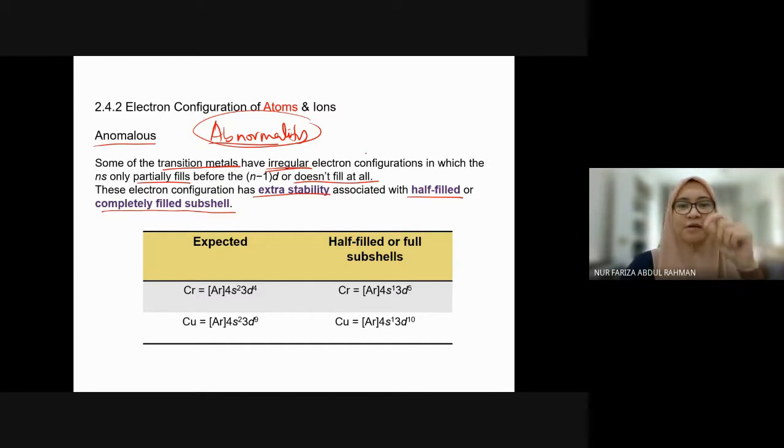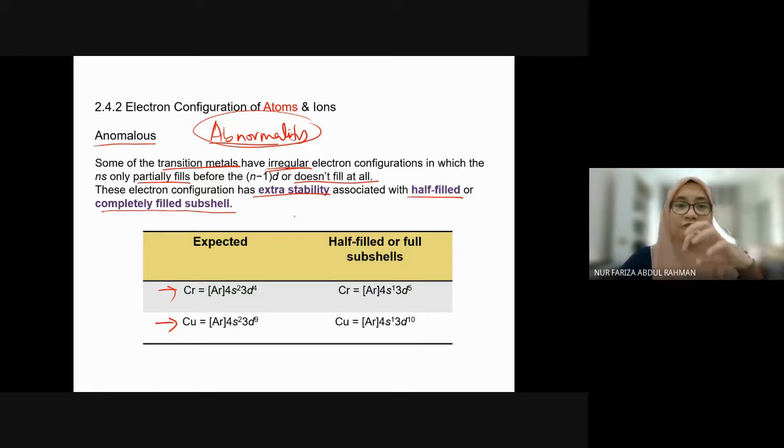Remember I was talking about the half-filled orbital. Half-filled is considered very stable for an orbital. This is for anomalous, but before we go into the example that we have here, just to highlight what it means by orbital stability.